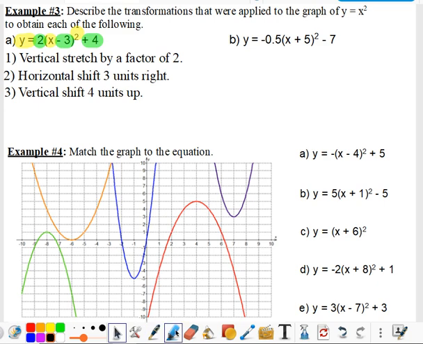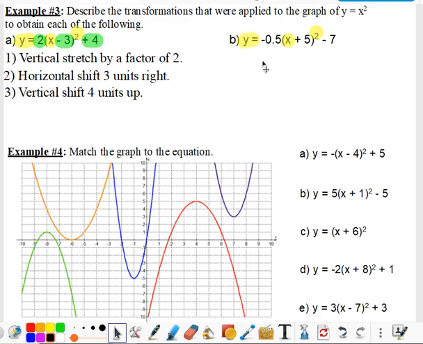How about this next one here? Example B. What would happen to y equals x squared? Let's have a look. Now, again, this is another example where I'll often say we have to separate that negative from the coefficient here, this a value. So the negative on its own will get its own transformation.